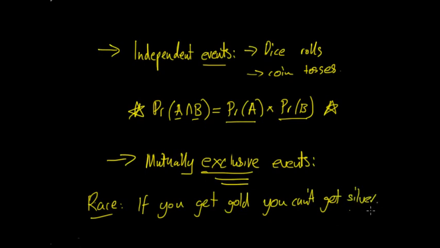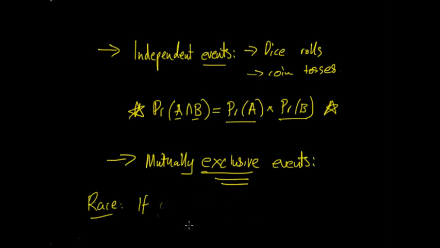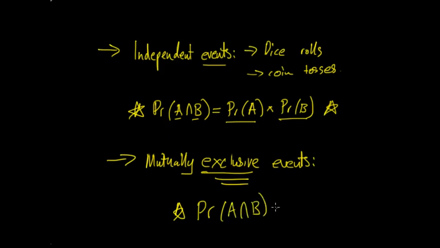The probability of getting silver if you've already got gold is 0, because that means you've already placed first, so you're not going to get second. And the other way around, if you get silver, you're not going to get gold. But there are lots of other scenarios. Mathematically again, the probability of A intersection B equals 0. Putting it into words, the probability of A and B both occurring equals 0.